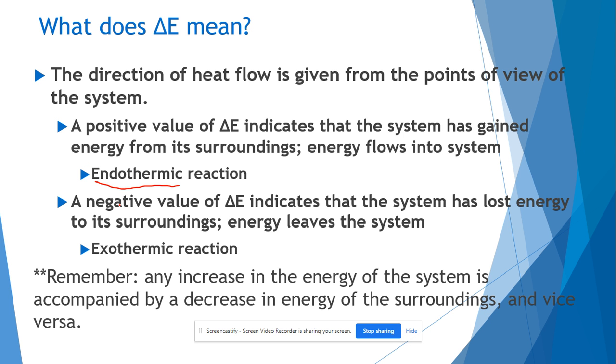A negative delta E tells me that my system has lost energy to its surroundings, or energy exits or leaves. This is classified as an exothermic reaction. Exo means exit. Now remember, we are giving this from the point of view of the system, but if our system loses energy, that means our surroundings are going to gain it. If our system increases its energy, that means our surroundings have lost it.